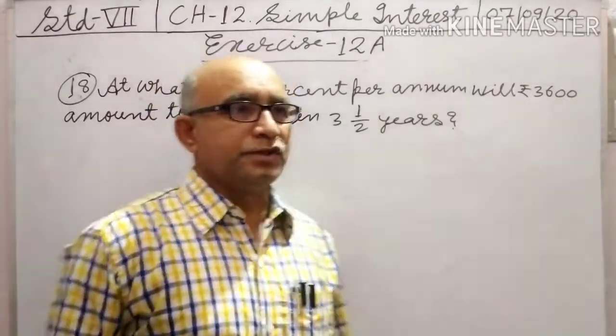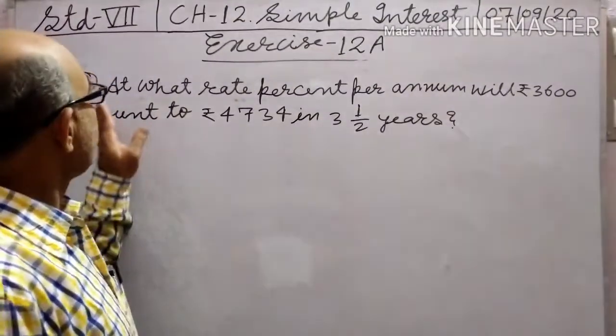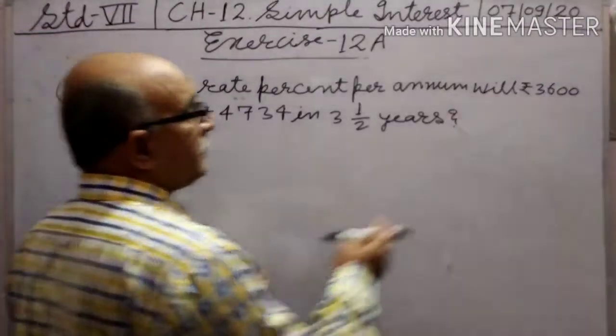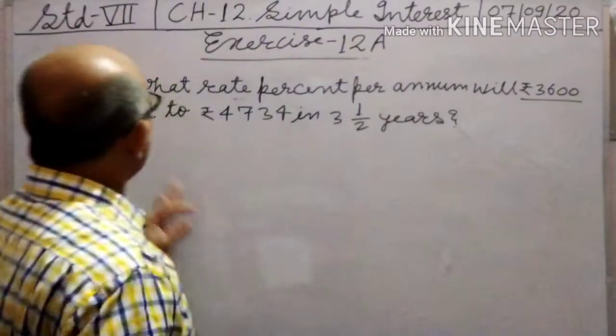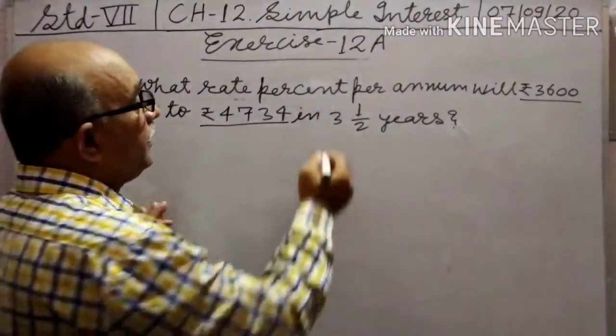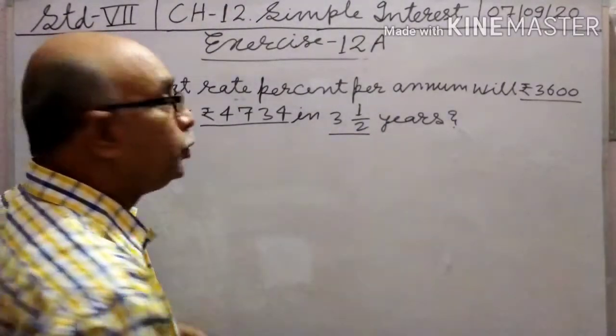Students, next question is question number 18. At what rate percent per annum will rupees 3,600 amount to rupees 4,734 in 3 whole 1 by 2 years?